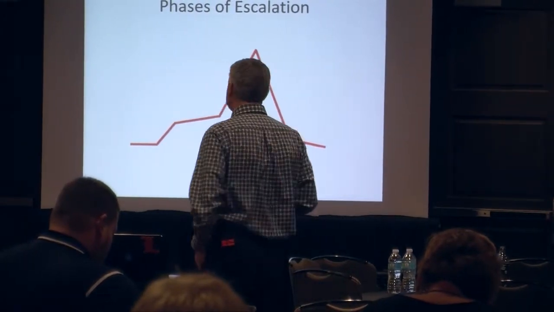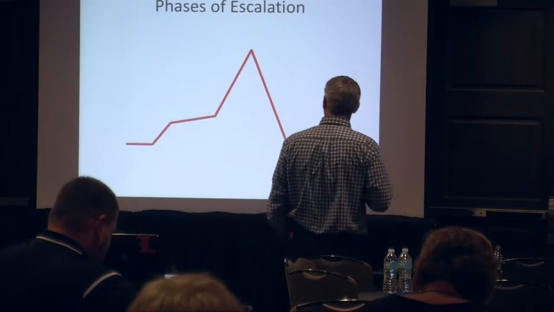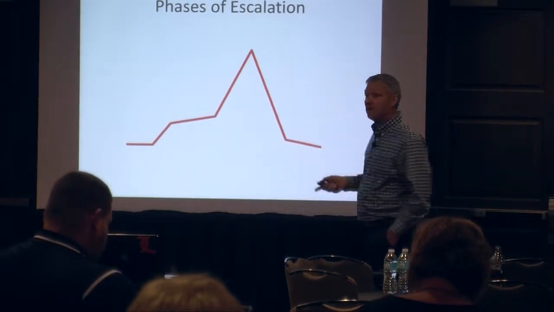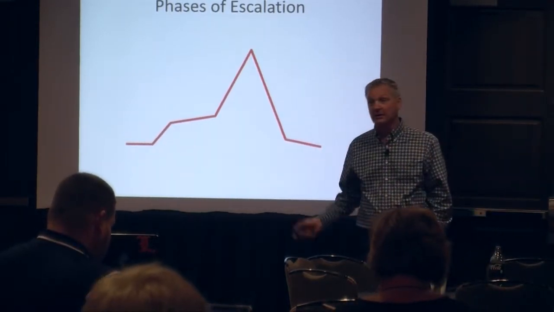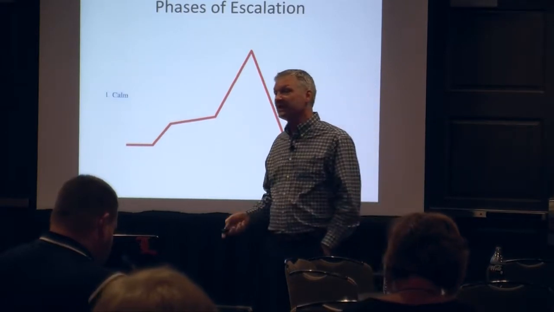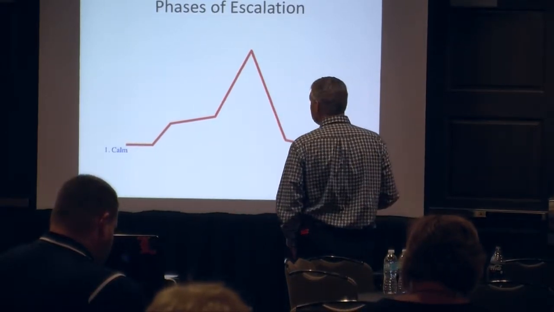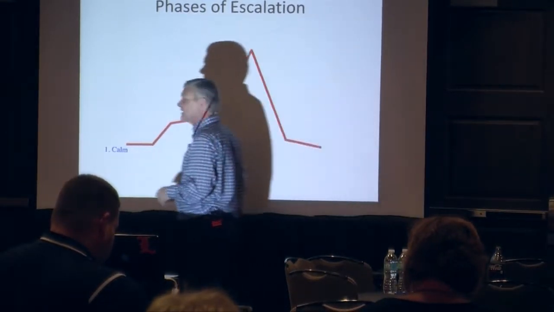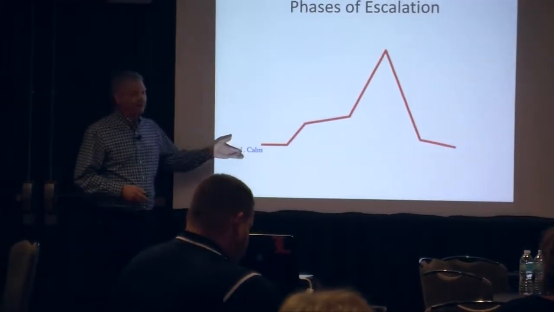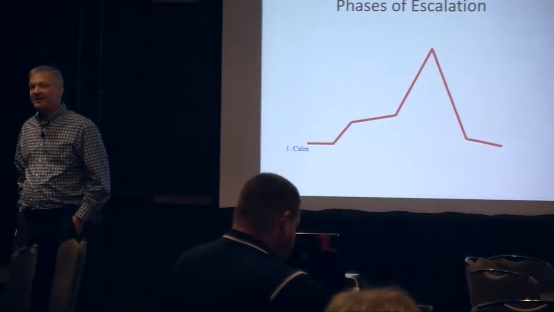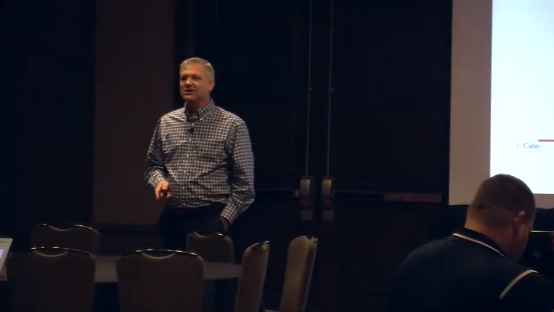If you're looking at just these phases of escalation, there are some things I think we need to keep in mind as we look at those bigger scenarios. First thing is that when we are dealing with a kid who's not having problems, we call that the calm. The calm is the time when you can give consequences and corrections and you can teach, and it all works really well.